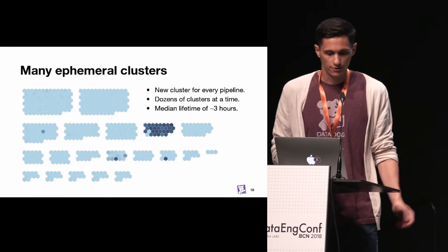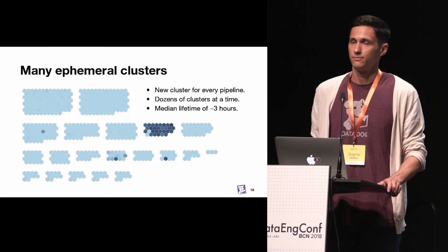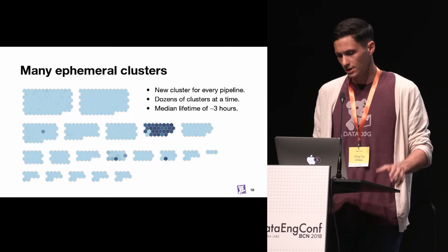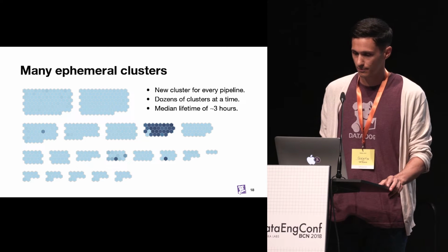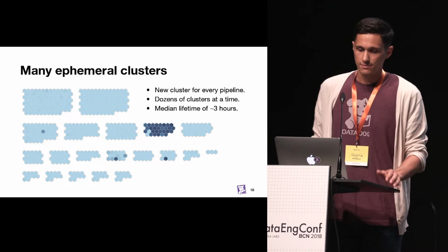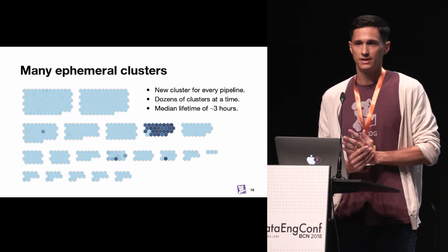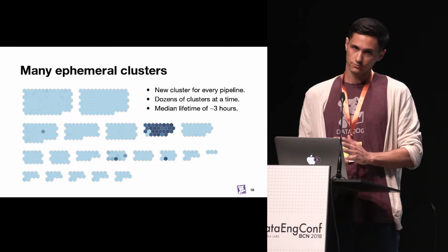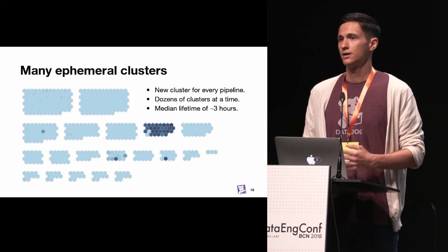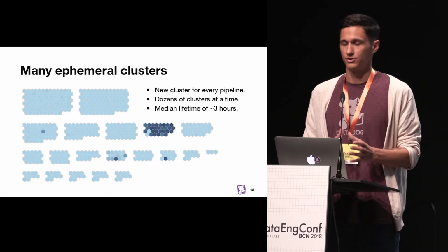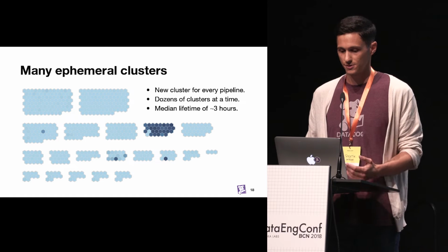I want to focus more on the clusters layer because we're doing a few things that are a bit unusual and that really impacts how we architect our data pipelines. So as I mentioned, what we do is we're using many clusters. Instead of, in a lot of companies, you'll still see one giant Hadoop cluster, and people will all run their jobs on the same cluster and they will compete for resources.